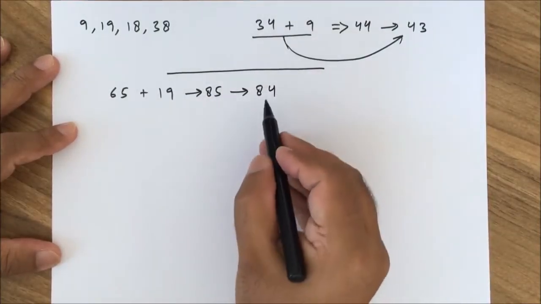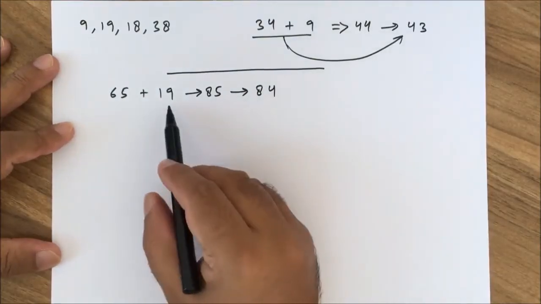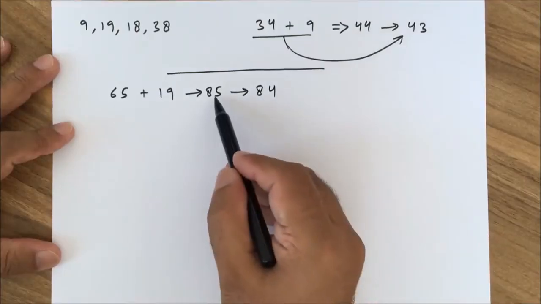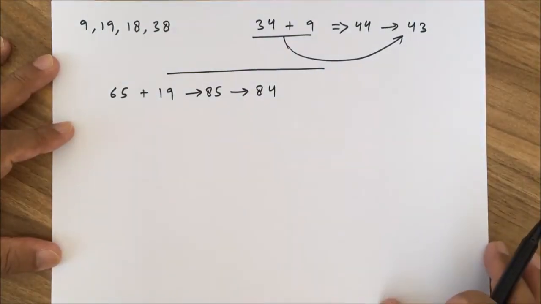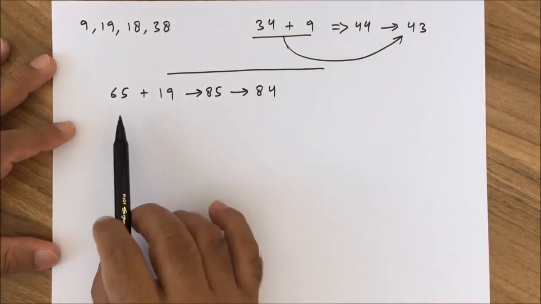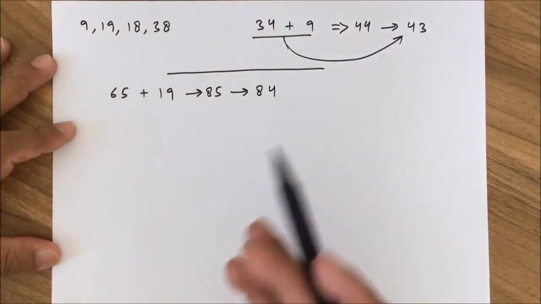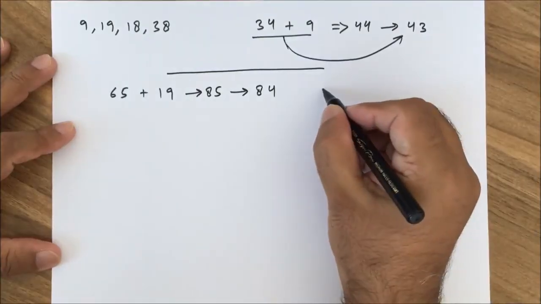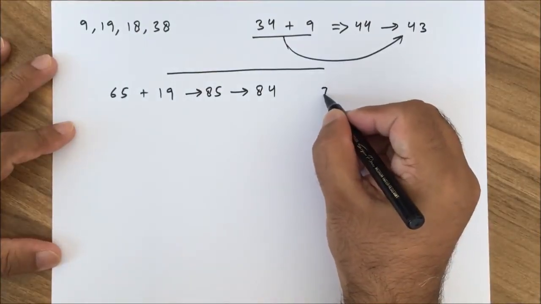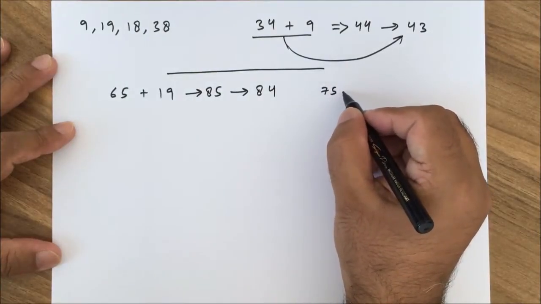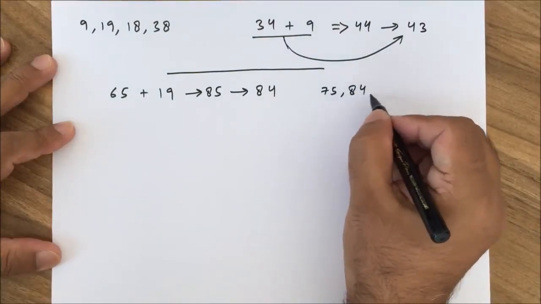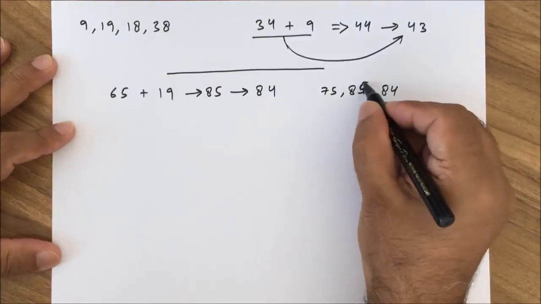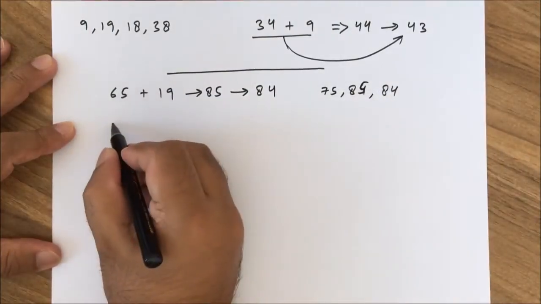That will be your answer. Because you had to add 20, not 19, you added 1 extra, so that 1 you take away in the end, and you can do it mentally. 65 will become 75, 85, and then 84. This should be in your mind.